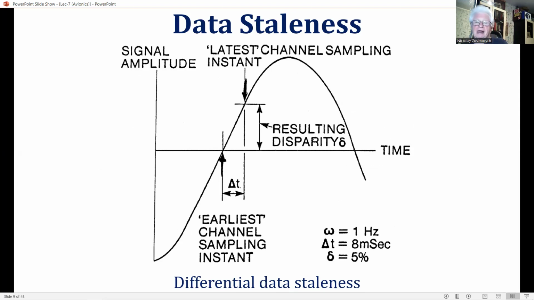Its information is thus stale by 1 iteration period. Hence, if the output quantity is changing during the iteration period, the output of this stale channel will differ from the others, although no fault has occurred. The situation is illustrated in this slide.